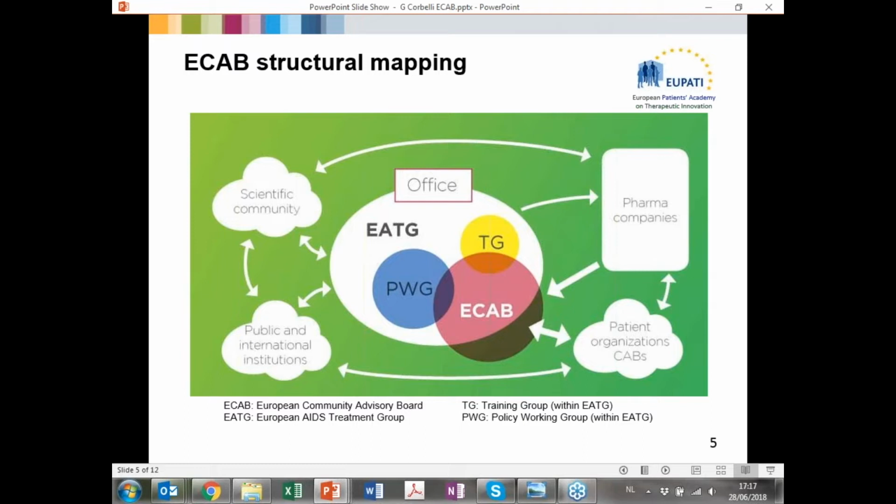In order to do so, the European AIDS Treatment Group has some people working at the office, and they are really very, very useful, strongly needed to move forward all the work done with all the institutions and the stakeholders, because the members can give their voluntary time, but we need some people who can actually work on these topics. So next slide, please.